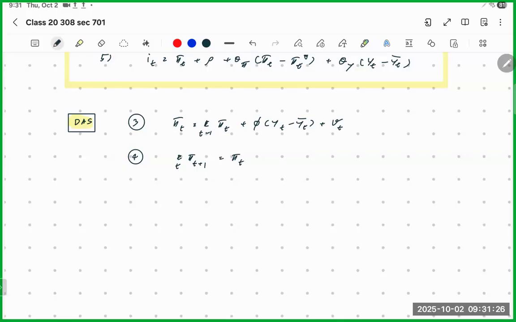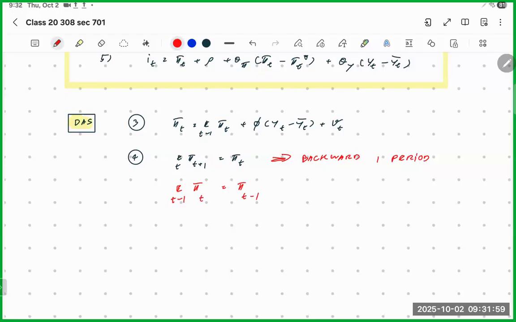And for equation 4, we're going to use a trick. We're going to shift equation 4 backward one period, which means in the equation, expected t becomes expected t minus 1, pi t plus 1 becomes pi t, and pi t becomes pi t minus 1.